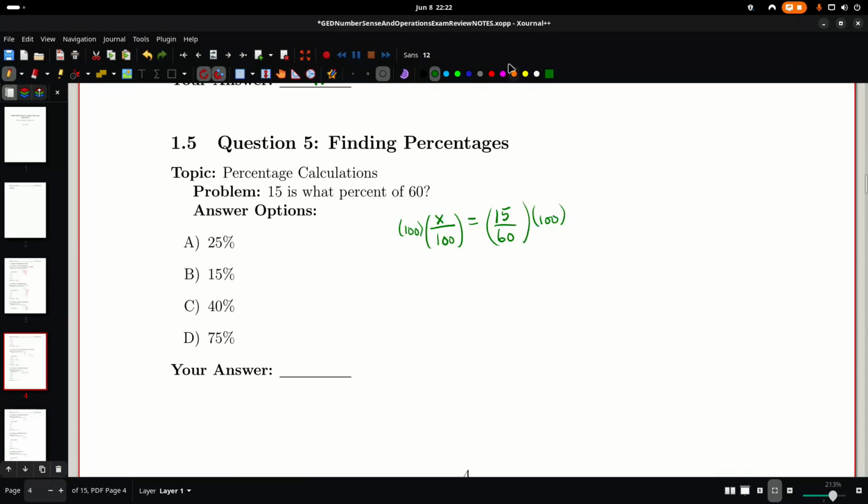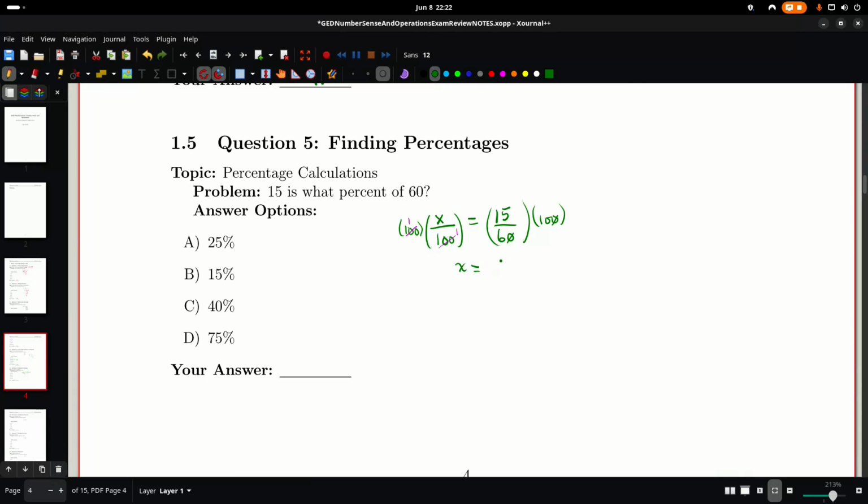And then we have 100 divided by 100 gives us 1. And so we've got x is equal to 1,500 over 60, but we can divide these both by 10. So if I divide 100 by 10, I get 10, and if I divide 60 by 10, I get 6.